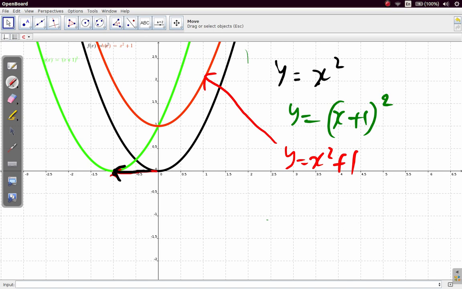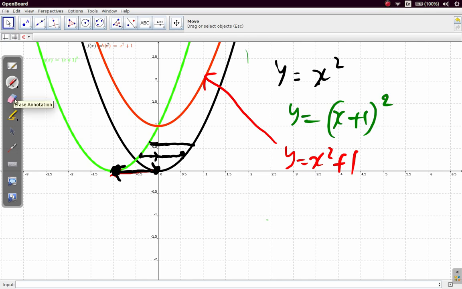So if we consider each point here as x, we'd have to add 1 to it for it to go back to the original value. So here would have to move back to here. This point would have to move 1 unit to the right, alright? So y equals x plus 1 squared moves each point horizontally 1 unit to the left.